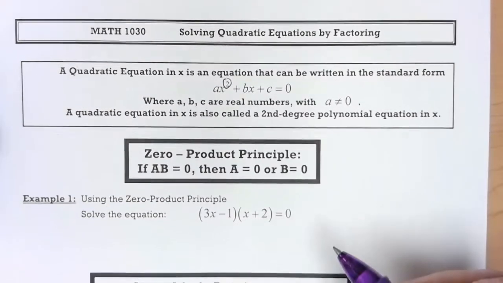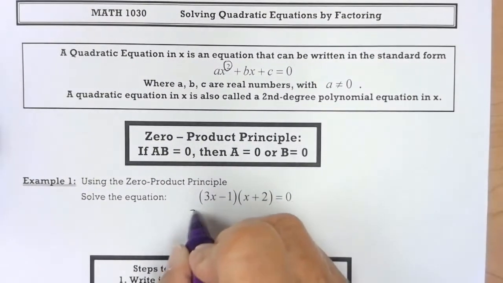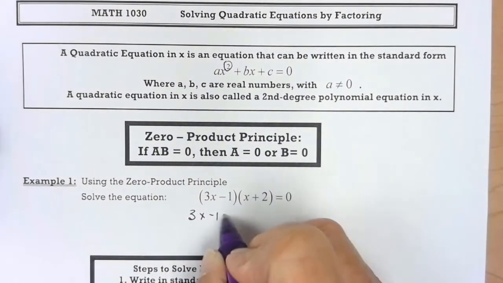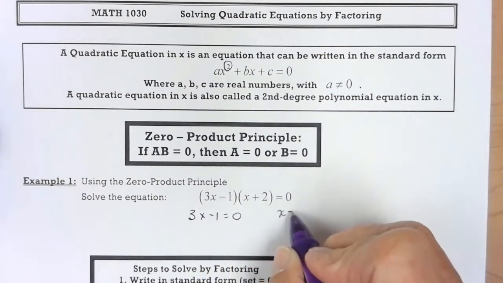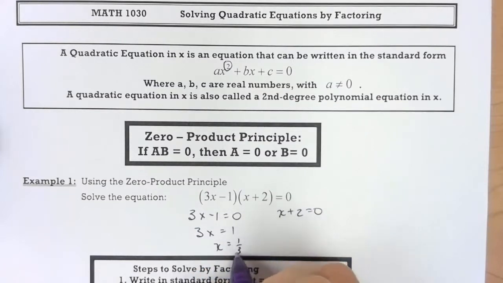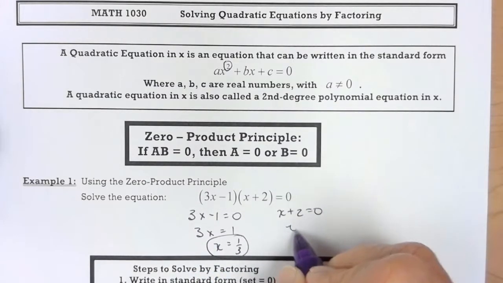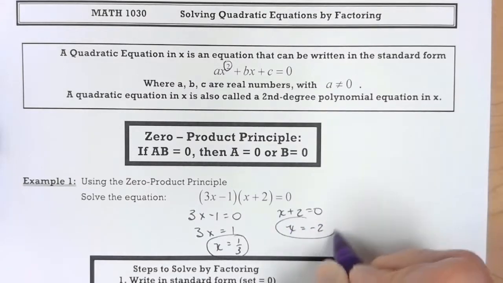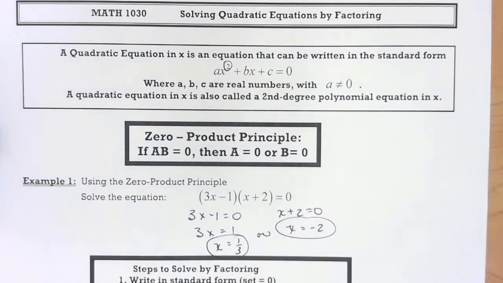So see if a problem is factored or not. Set them individually equal to 0. So either one of those answers would make the original equation true.